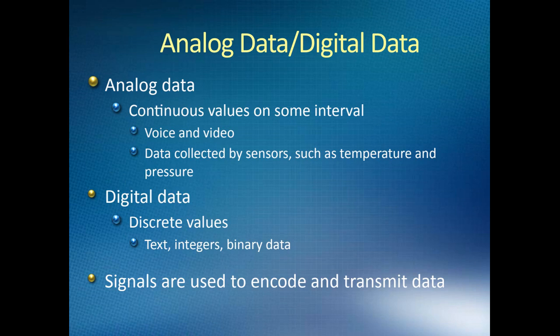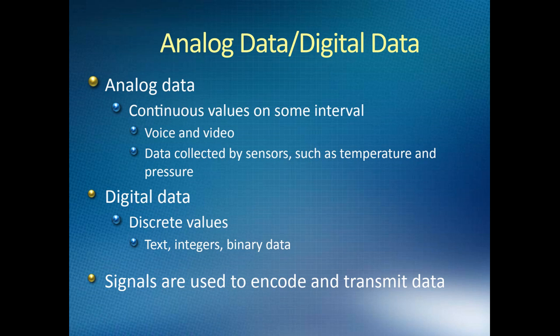We have analog and digital data. Analog data is continuous values on some interval. Video is analog, okay? Voice is analog. Also data collected by sensors such as temperature and pressure meters.